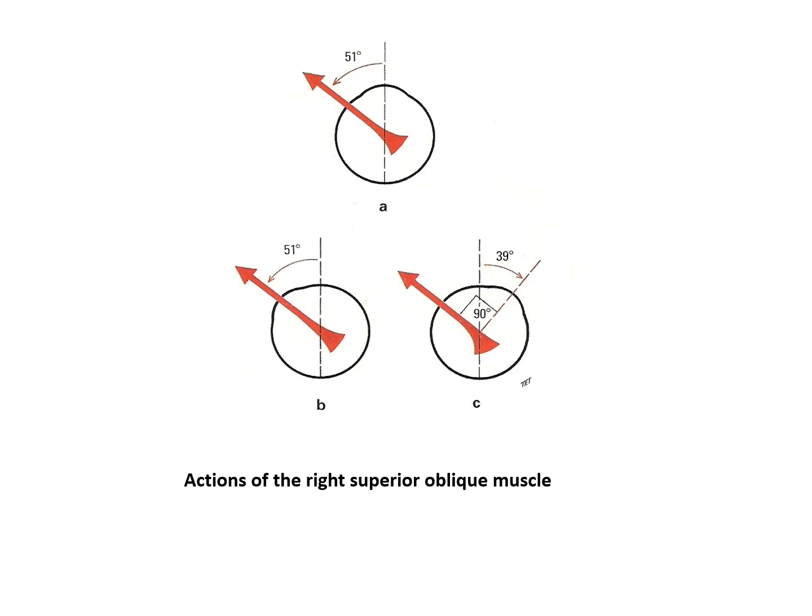But if the eyeball is adducted about 51 degrees, the long axis of the superior oblique coincides with the anterior posterior axis. So the only action in adducted position of the eyeball, the superior oblique, causes the depression of the eyeball.